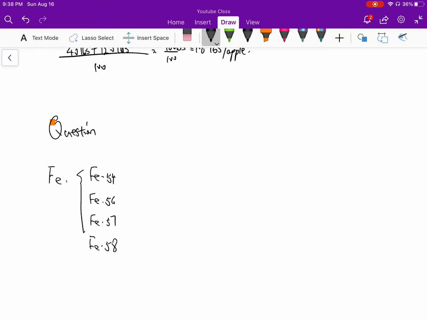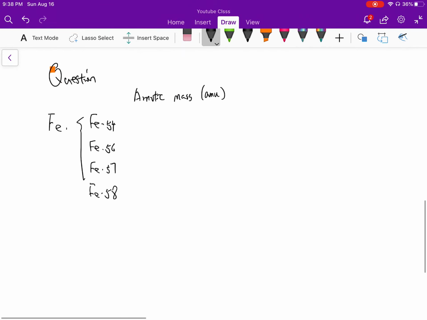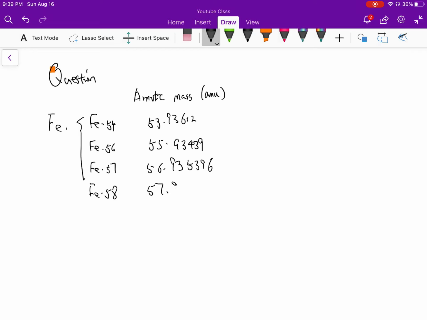And they will tell you for each one of them the atomic mass, which we just learned is in the unit of AMU, atomic mass unit. So for 54, it'll be 53.93612, 55.93439, 56.935396, and 57.933278.